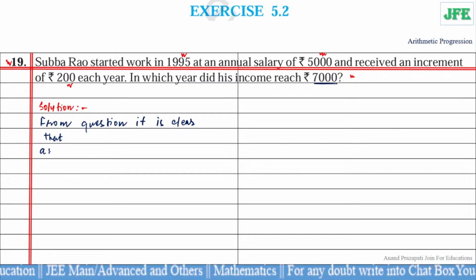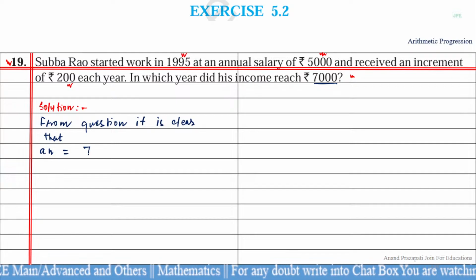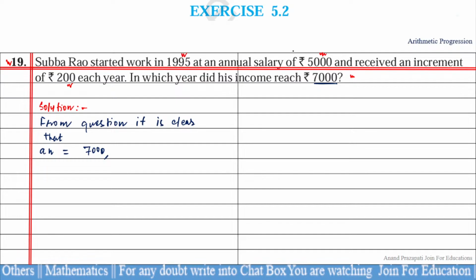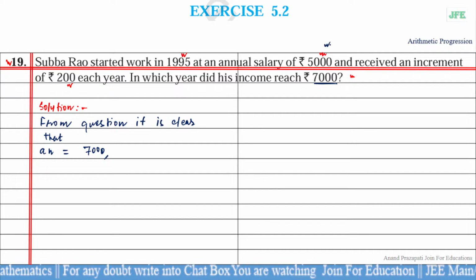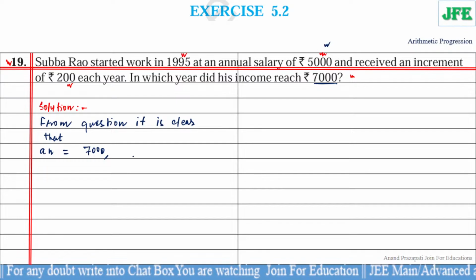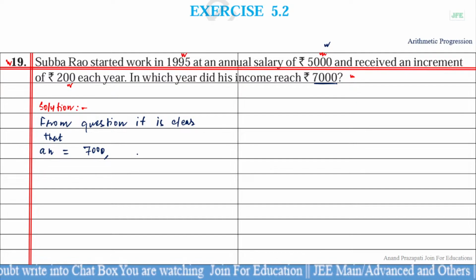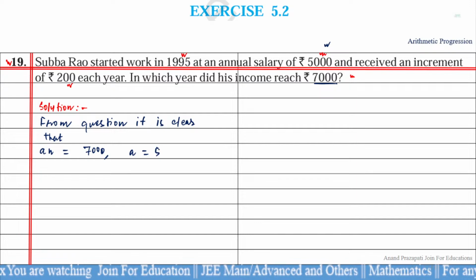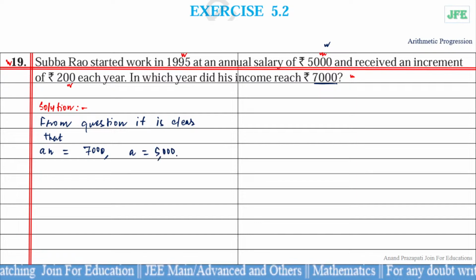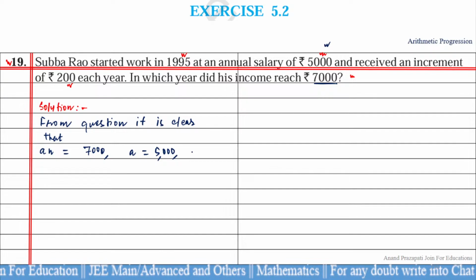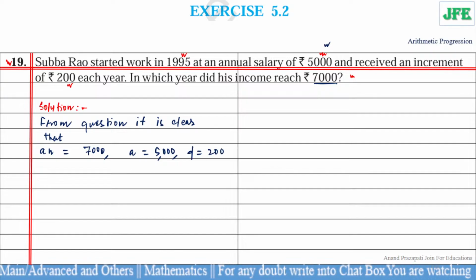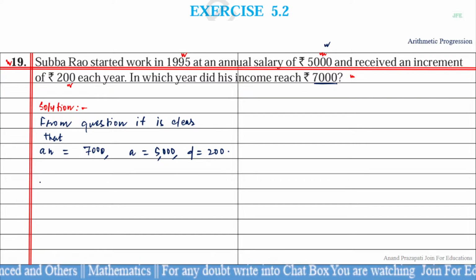So we write down here simply an equal to 7,000 and a equal to 5,000, and the common difference here will be d equal to rupees 200. So we write down here simply 200.